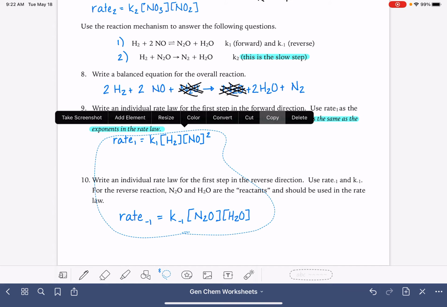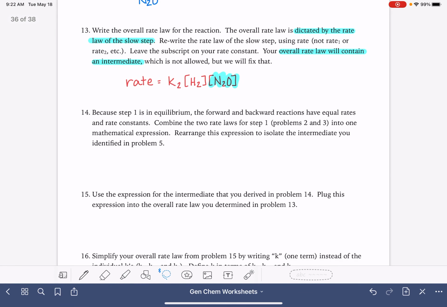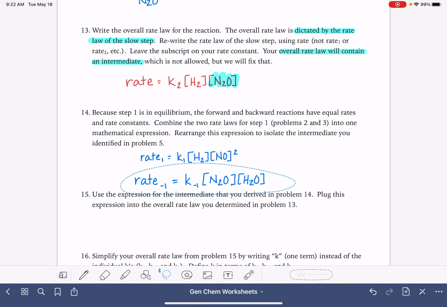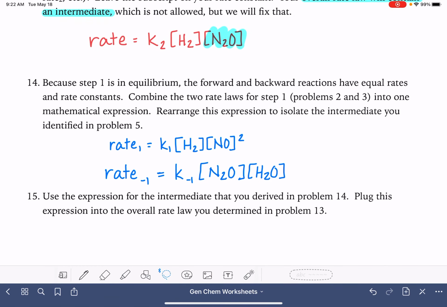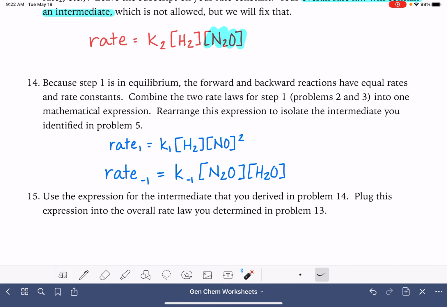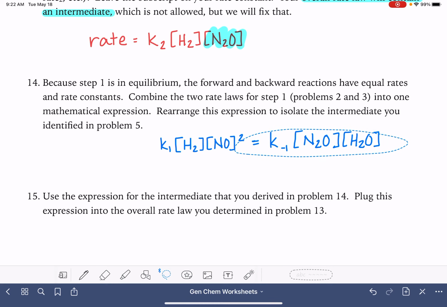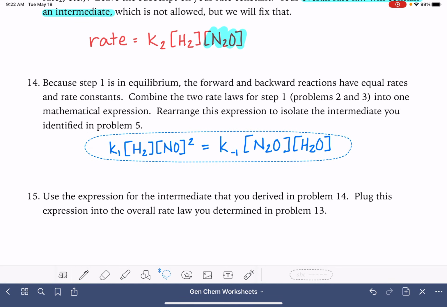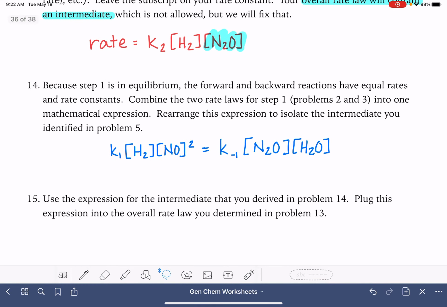And because of that, that's going to allow us to take these 2 equations right here. I'm going to copy both of them, and we're going to do some pretty cool math on these 2 equations. So by definition, because this is in equilibrium, this rate is equal to this rate, which means that this term is equal to this term right here. And we're going to start by just using that equality to combine these 2 rate laws. And then what we're going to do is rearrange this combined term to isolate our intermediate, which is N2O.